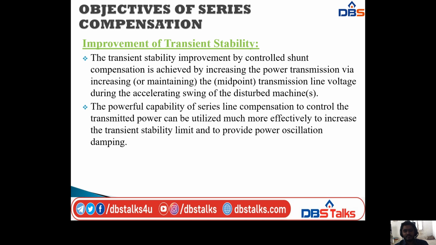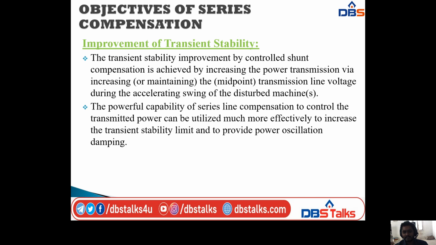In the previous concept, that is static shunt compensation, the transient stability improvement by controlled shunt compensation is achieved by increasing the power transmission via increasing the transmission line voltage during the accelerating swing of the disturbed machines. Like that we are improving the transient stability.